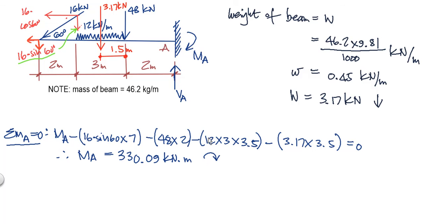Right, I'm going to sum verticals to find VA. So I'm going to say the sum of the forces in the vertical is equal to 0. Right, I've got VA, which is positive, going up, and of course minus all the loads acting on the beam. So it's minus 16 times sine 60. I'm starting from the left going to the right.